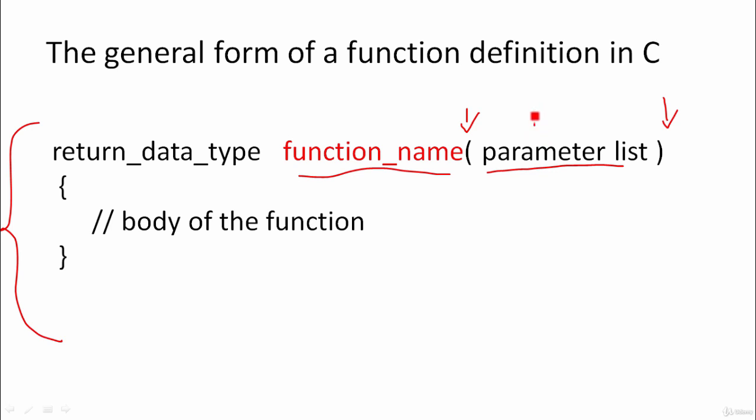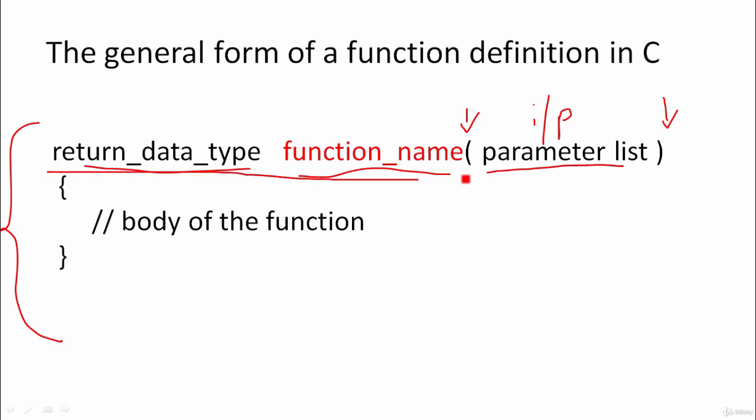These are the input parameters or input arguments to the function. Also, you may mention the return data type, that is, the data type of the data which the function returns. A function may return a value or it may not return a value. We'll see more about this as we make progress.